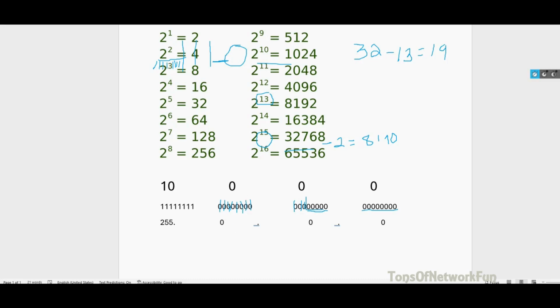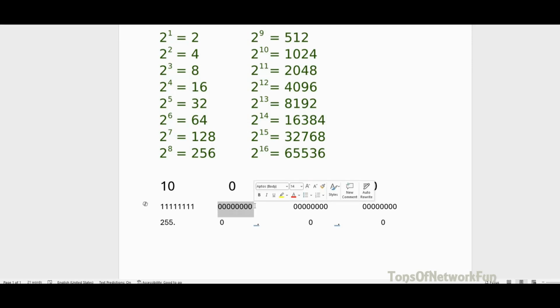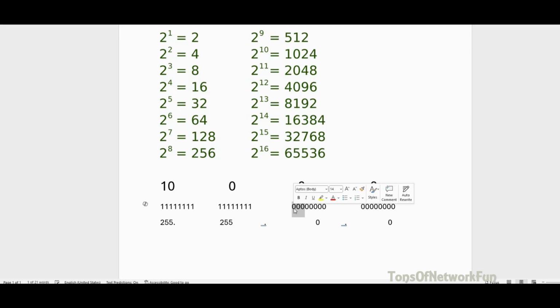Now look, this is going to change, because this is no longer 0 here. We have 8 ones here: 1, 2, 3, 4, 5, 6, 7, 8. That means this is now 255. This one we have 8, 9, 10, 11, 12, 13, so 3 bits we are converting to network.